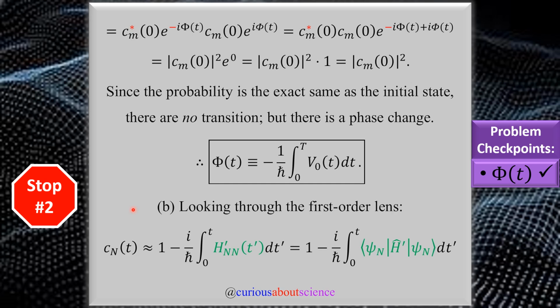So looking through the first order lens, we see here from equation 11.18, going back to that again, we see Cn of t for some arbitrary nth state is approximated with 1, since we know we are in that nth state early, minus this correction factor here, which is the inner product of n and n. Okay, so once again, we see psi n with the perturbation here. And we'll just run it through the same scenario that we did in part A, get that potential out and simplify.